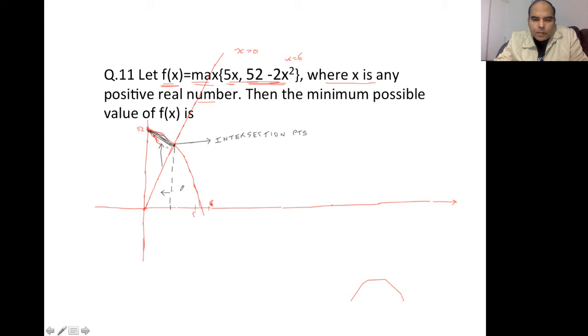To the right of this intersection point, f(x) will take the 5x straight line.